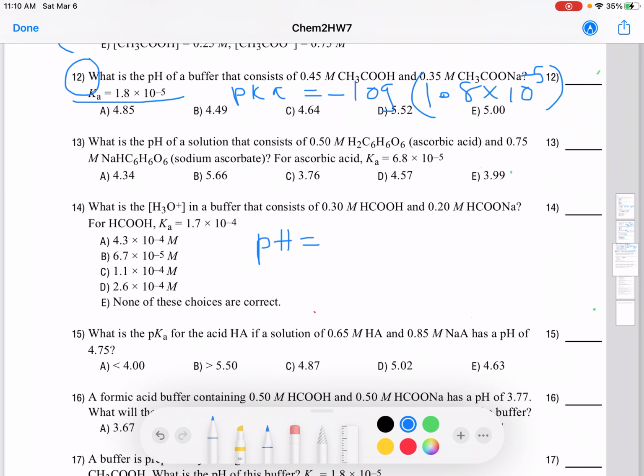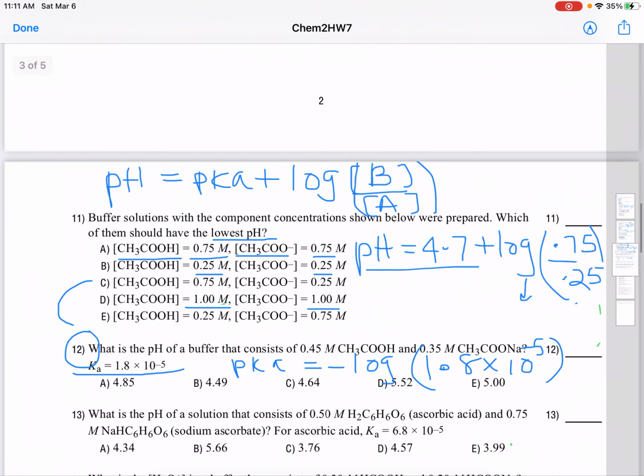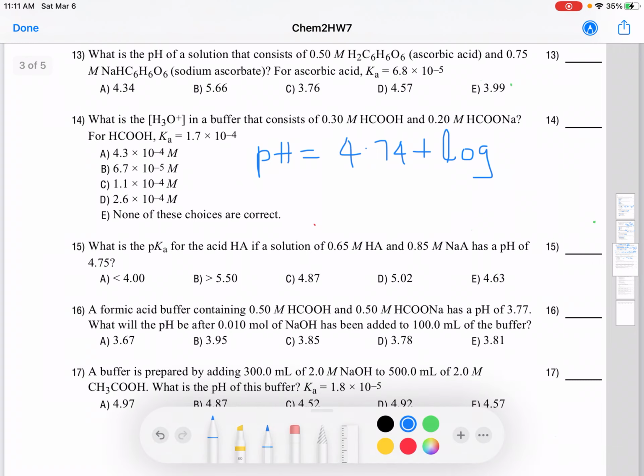1.8 times 10 to the negative 5 gives 4.74. So that would be 4.74 plus log base.